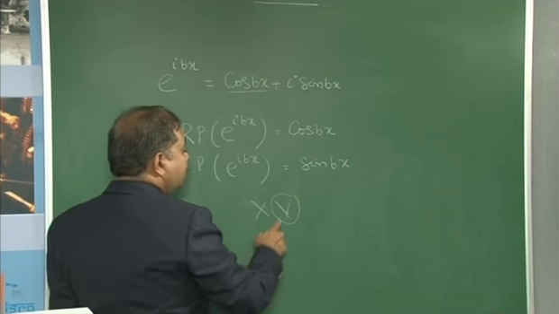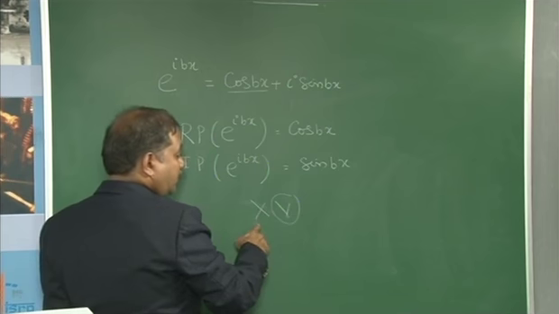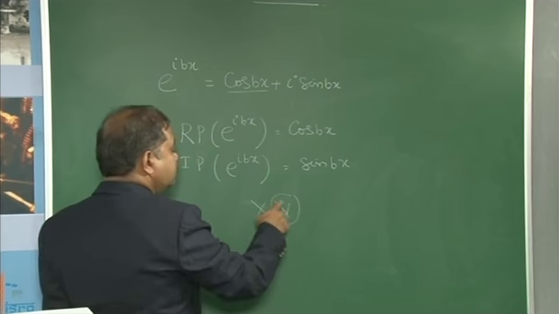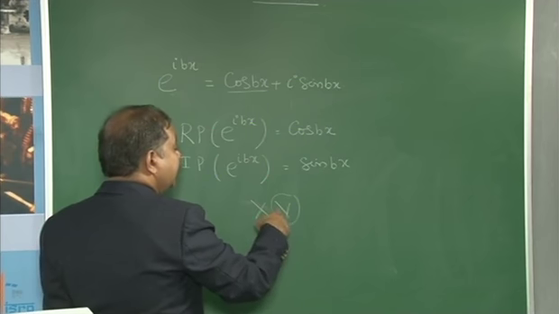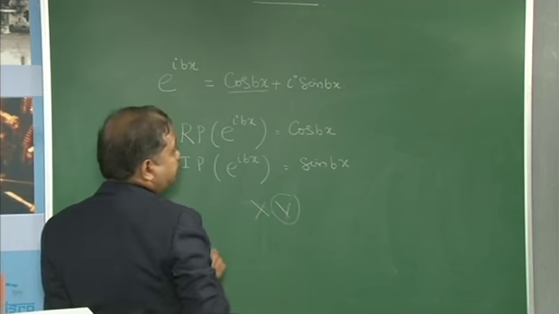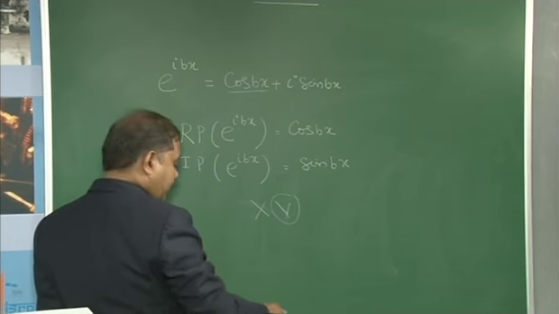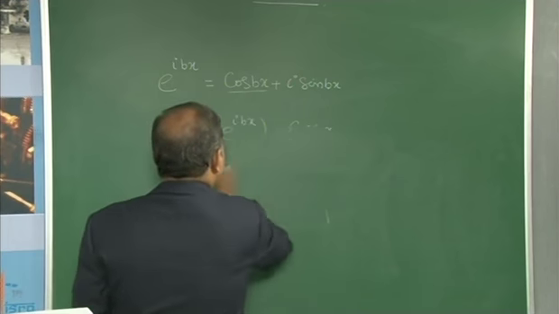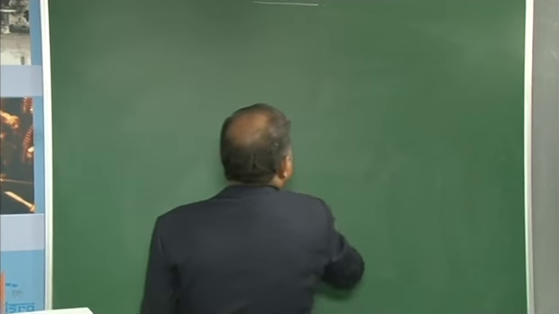Then e power i bx with a polynomial means it will reduce to type 4 first. Then if I take e power i bx and do it as type 4, it will reduce to type 3. Clear? So, how should I remember the chart?